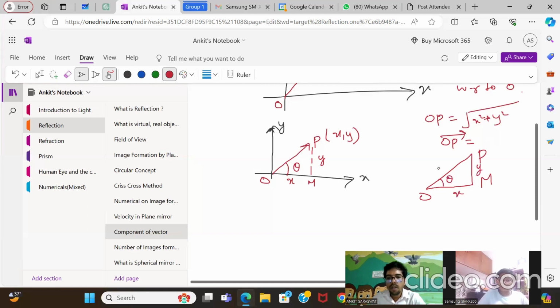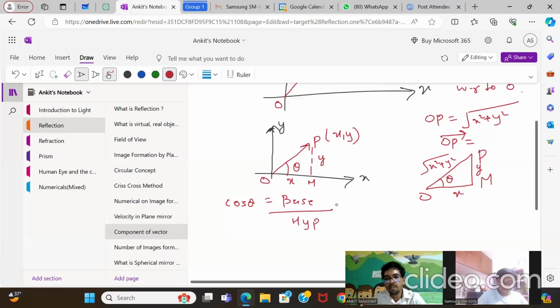This is y, x, and this is under root x square plus y square. So this OP is how much? Cos theta is what? Base by hypotenuse.